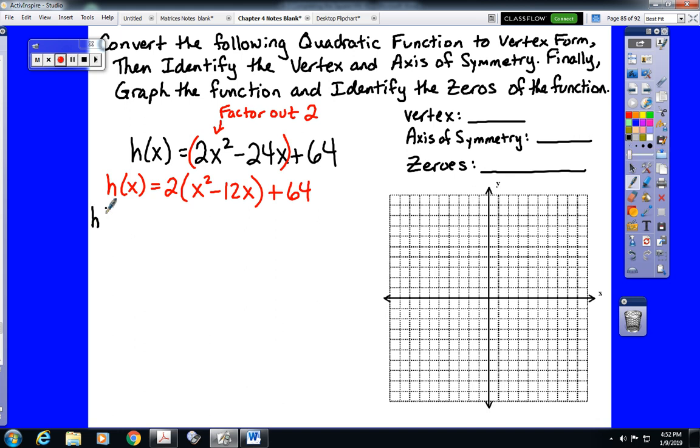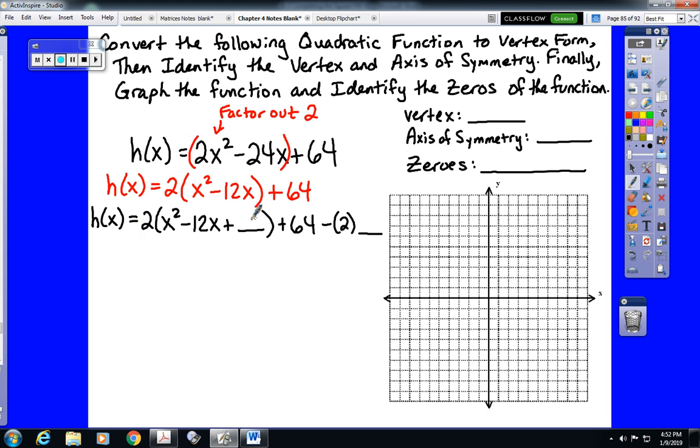Now this part is a little bit trickier as well, with an a value that is not equal to 1. The inside blank is still just a blank. But the outside blank needs to have that a value attached to it. We're going to multiply whatever number we insert in this blank by 2.